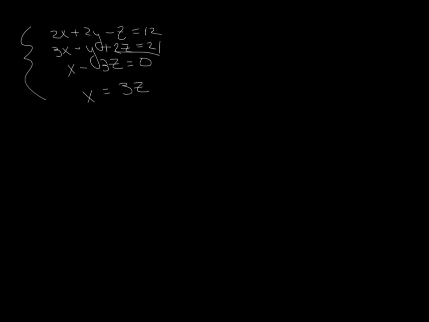Okay, so let's go ahead and rewrite these. Instead of an x, I'm going to put a 3z. And then the second equation, instead of an x, I'm going to put a 3z.